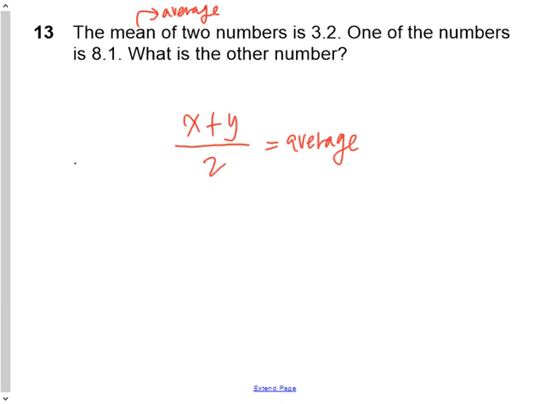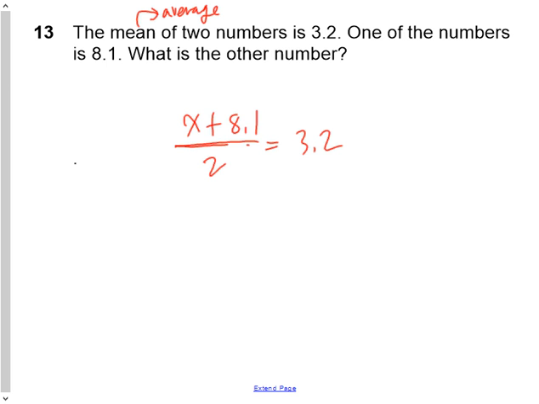But since we know one of them, it says one of the numbers is 8.1, I'm going to erase y and you could erase x too, it doesn't matter, and make that one 8.1. And since we know the average is 3.2, putting this down as an equation will also allow you to solve for the missing number in that average, or x in this case.